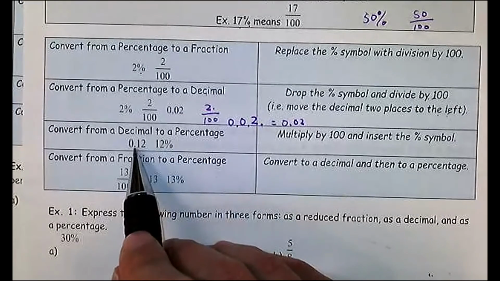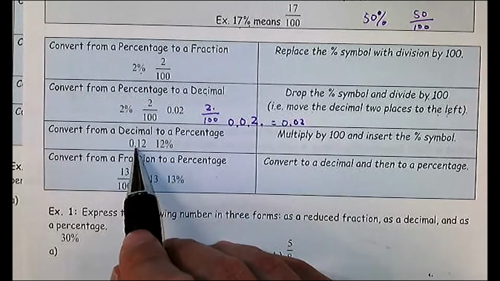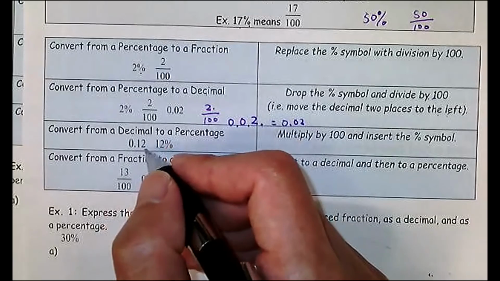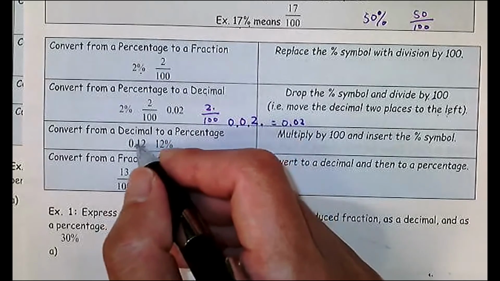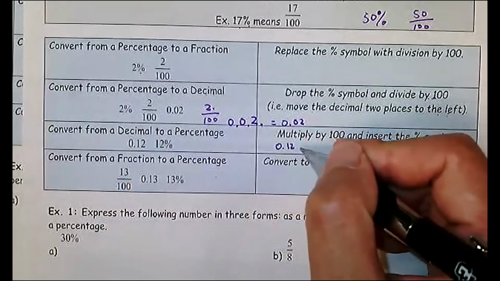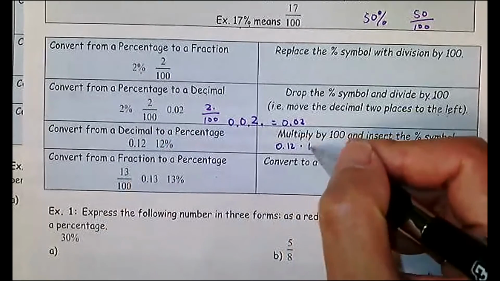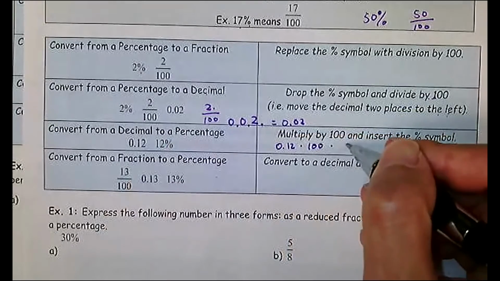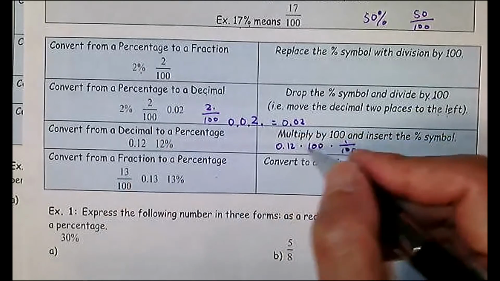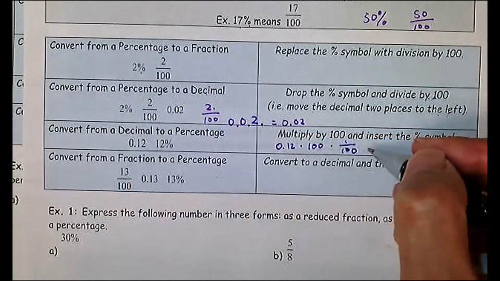Notice that the decimal point is here. If you multiply 0.12 by 100, then divide by 100, it is still itself, right? So you can do such a manipulation.